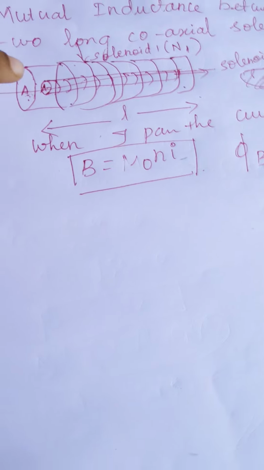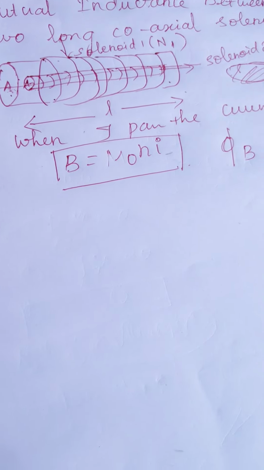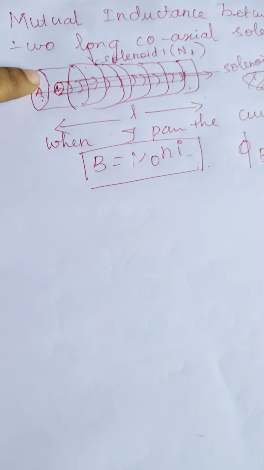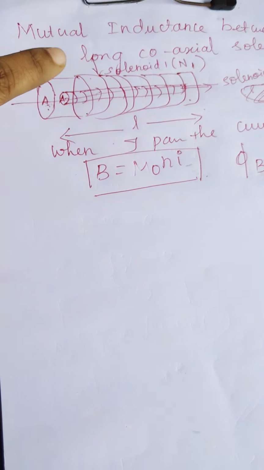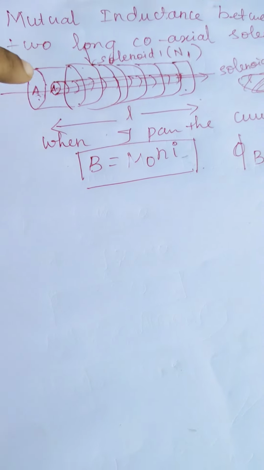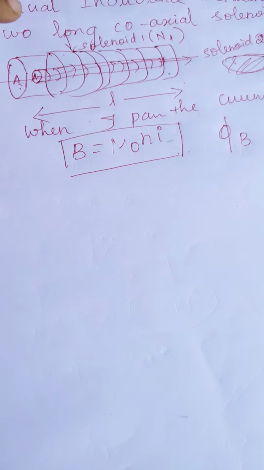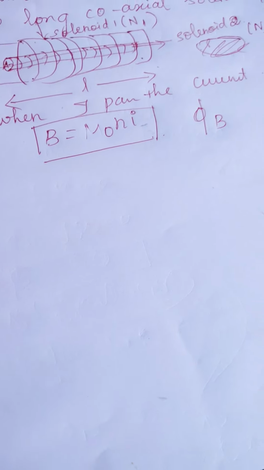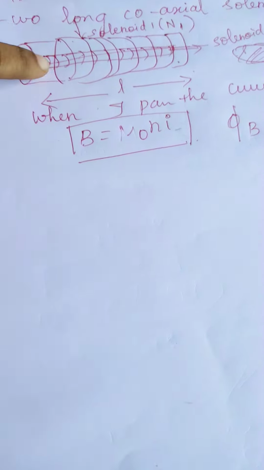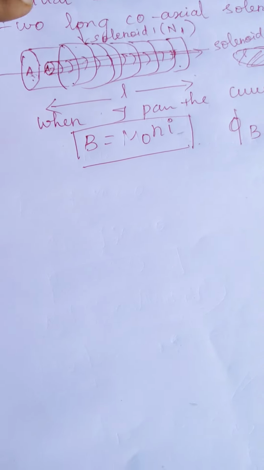Now I am going to check only for A2. The magnetic field produced in A1 is going to enter A2, which means it is going to be linked in A2.